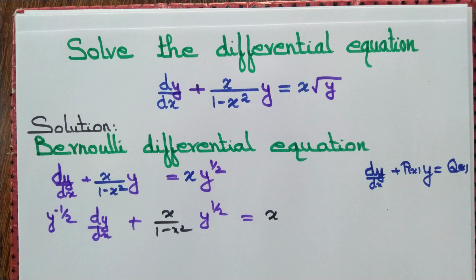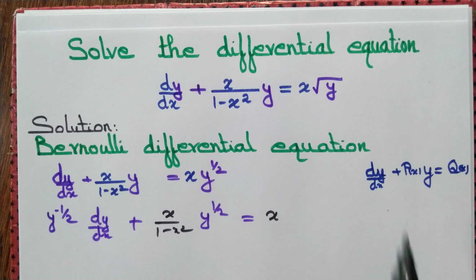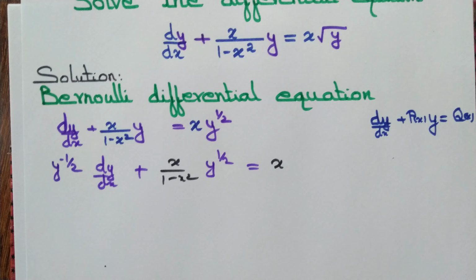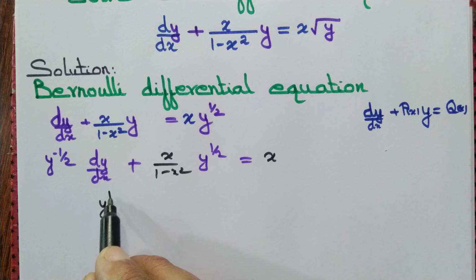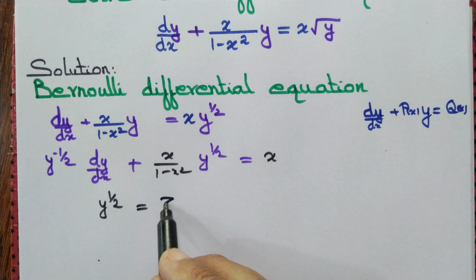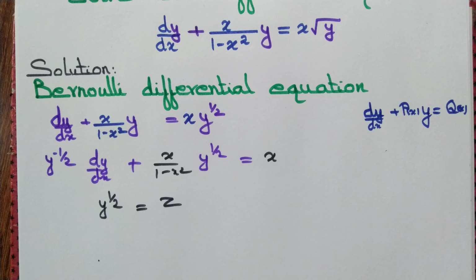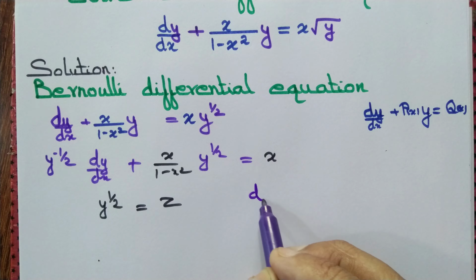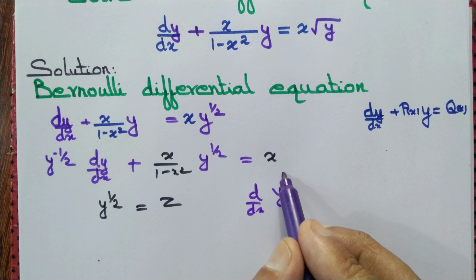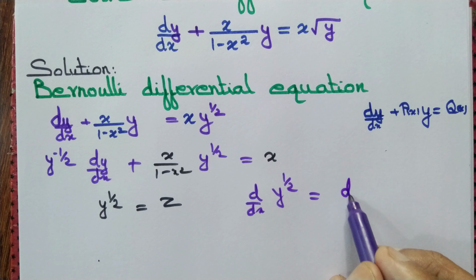So far so good, but still we are not getting this type, but we will get it if we regard y to the power half equal to z, and we differentiate both sides with respect to x. So we differentiate both sides to get d dx of y to the power half equal to d dx of z.